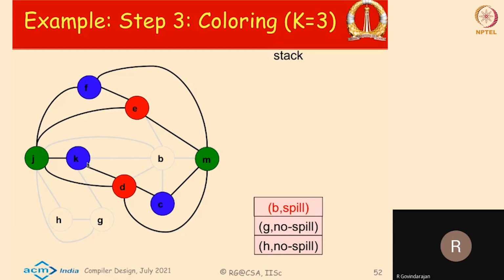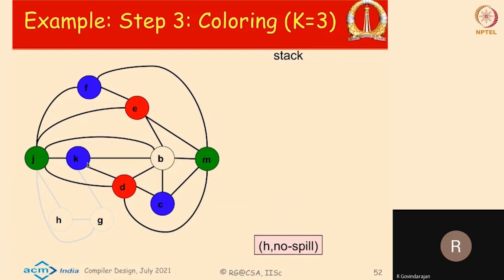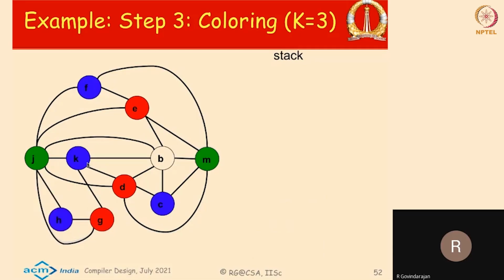Now the next node on the top of the stack is B, but we know that B is not going to be given any register. Therefore, we don't give any color to it, but we introduce all the edges now, right? And then, of course, you color G and then H, right? So this is exactly how Chaitin's graph coloring algorithm works, right?